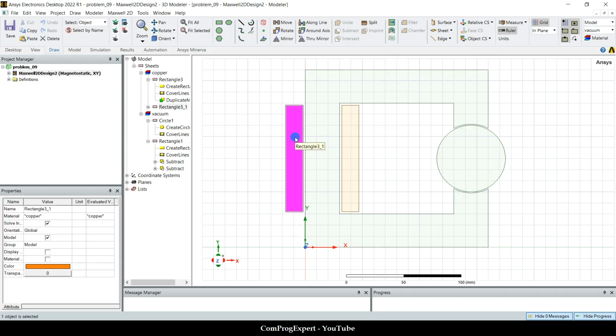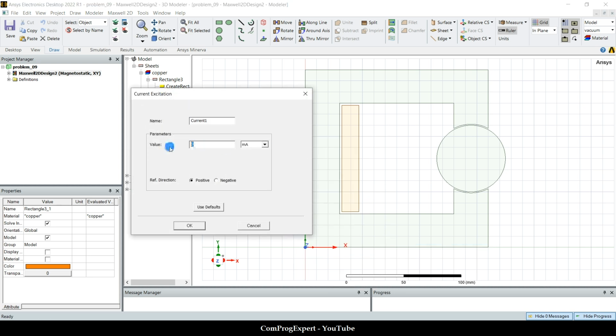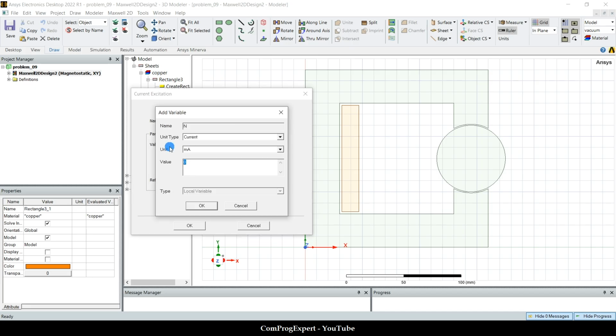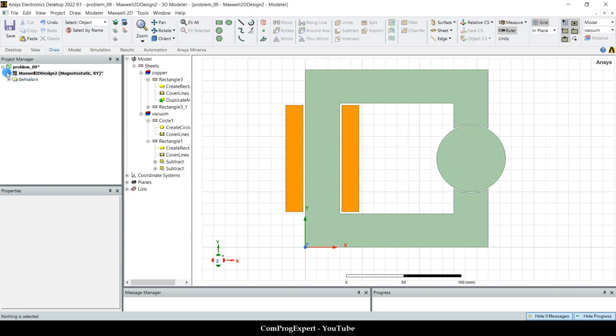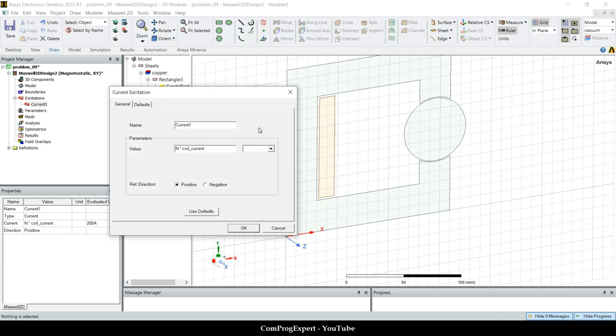Here, let's assign this excitation number of turns times coil current. Number of turns equal to, let's consider 200. This is unitless. Coil current equal to 1 amps. Yes, we have defined this excitation.